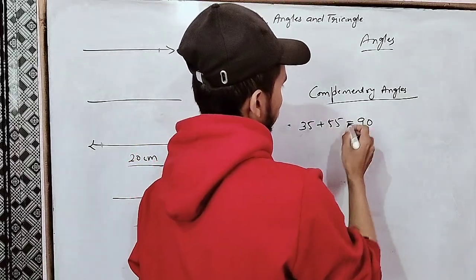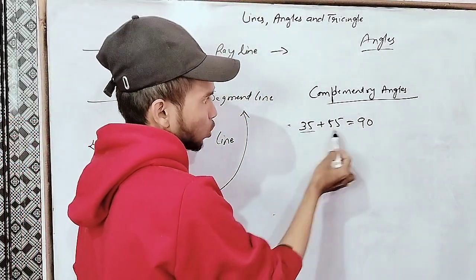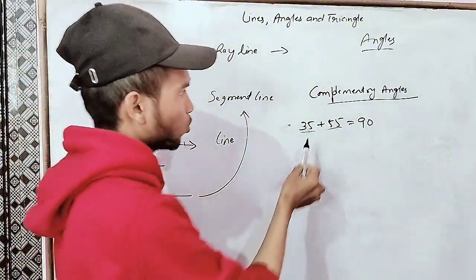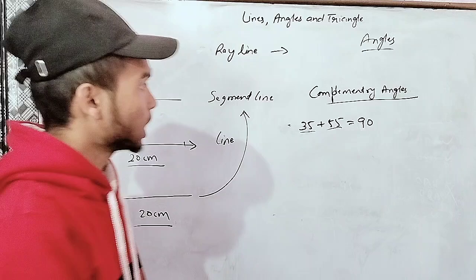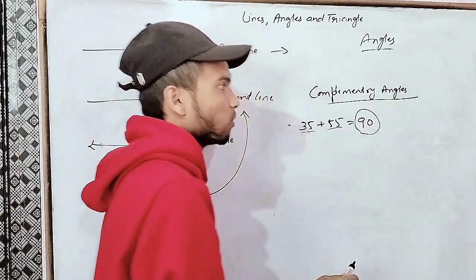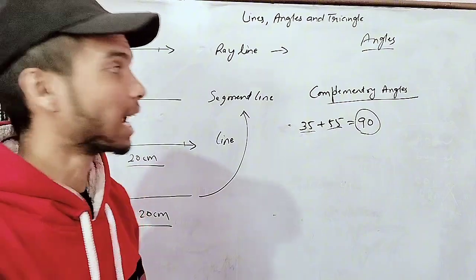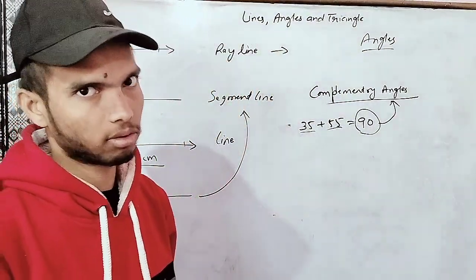Yes, 55. So here we have two angles. One which is 35 and second which is 55. Sum of this and this, we have what? 90. 90 is considered as complementary angles.